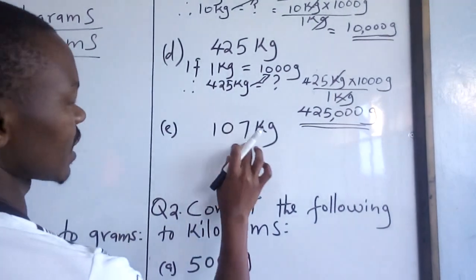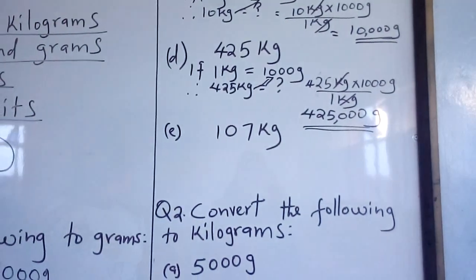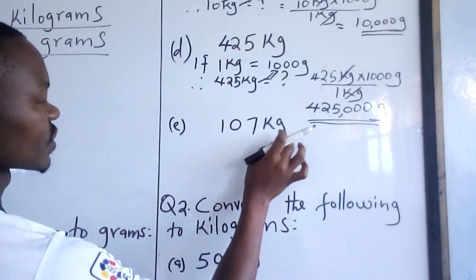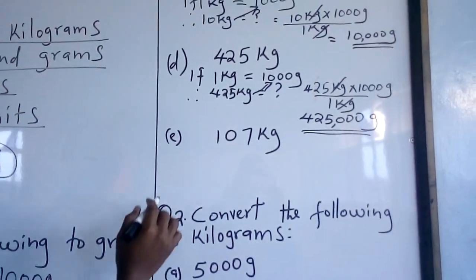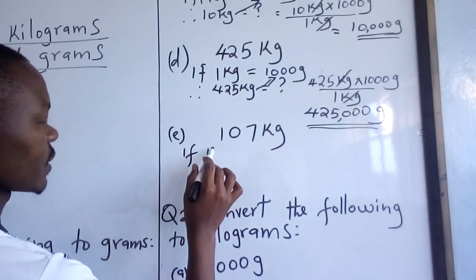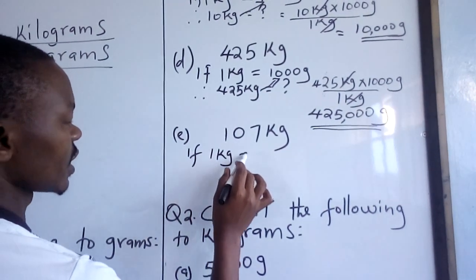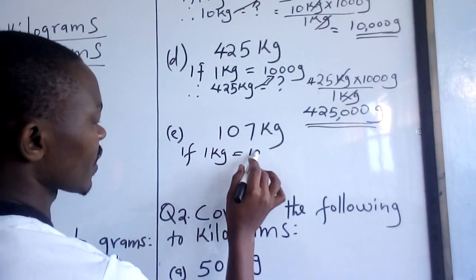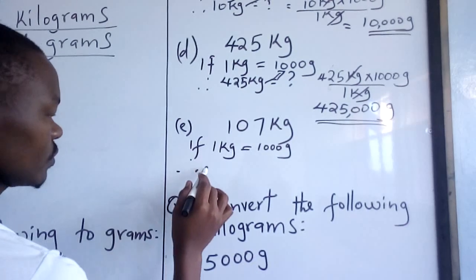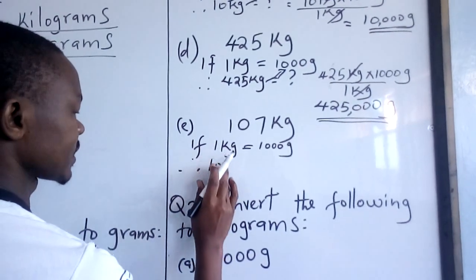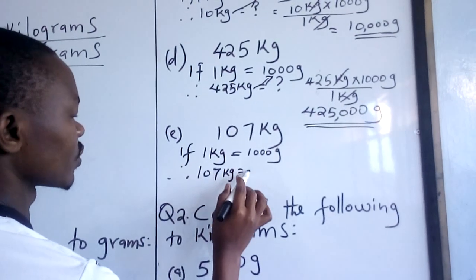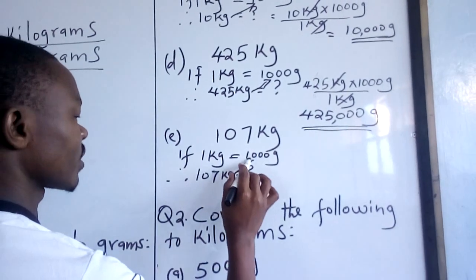Let us look at this other one, 107 kilograms. So how do we convert this one into grams? We shall make a statement and say if 1 kilogram is equivalent to 1000 grams, what about 107 kilogram? Cross multiply.